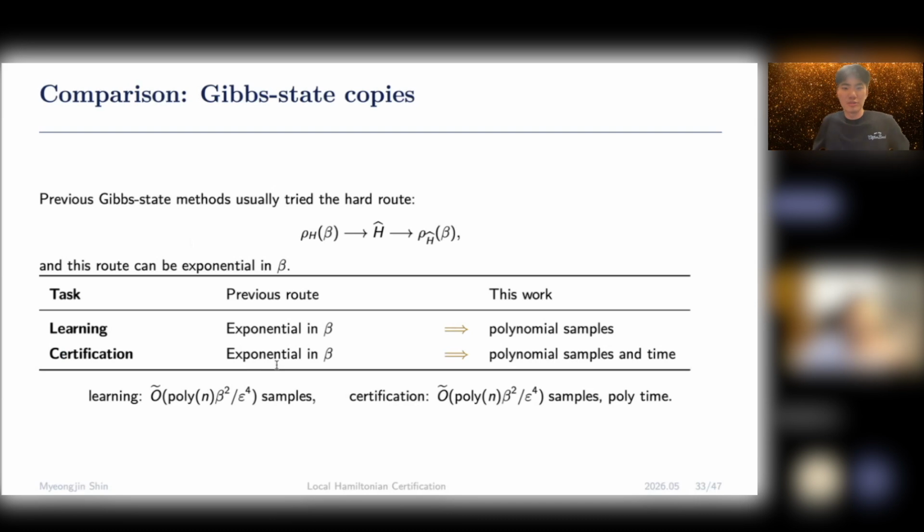So let's move on to the Gibbs state learning and certification procedure. As said, previous Gibbs state methods tried the hard route, which is learning the Hamiltonian from the Gibbs state copies, but there is a known lower bound that the required number of samples is exponential in terms of beta, which is the inverse temperature, and which could be very large in many settings.